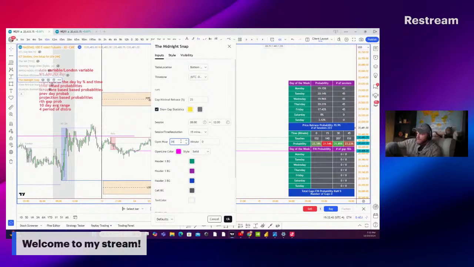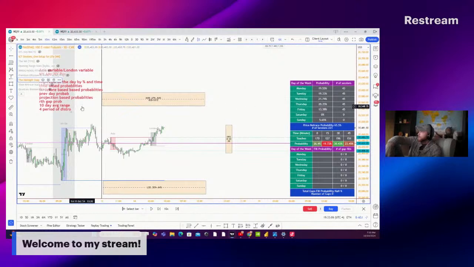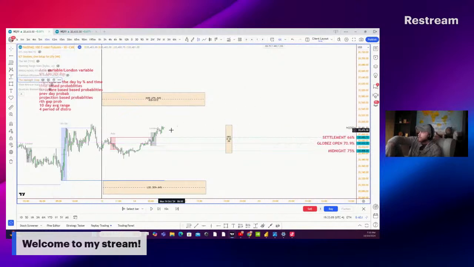We can see that 15, let it load, has a 60%, and we can see that 1800 has a 65%, and that's just using the last 223 sessions. The only difference I'm doing is using the actual variables of what Asia and London did and what the probabilities during the 8 to 12 are for me.